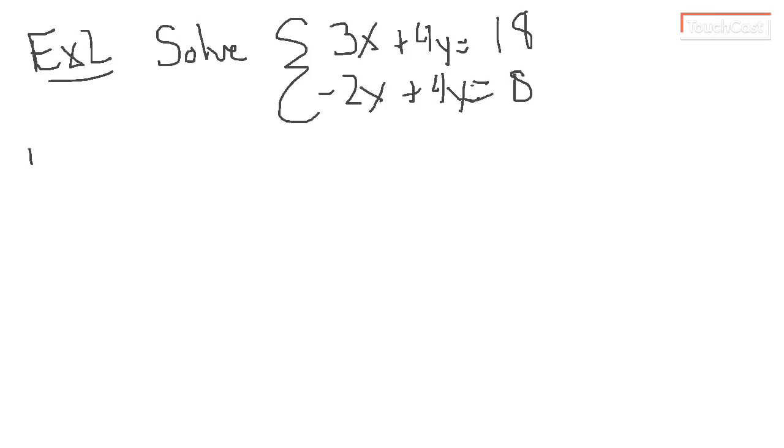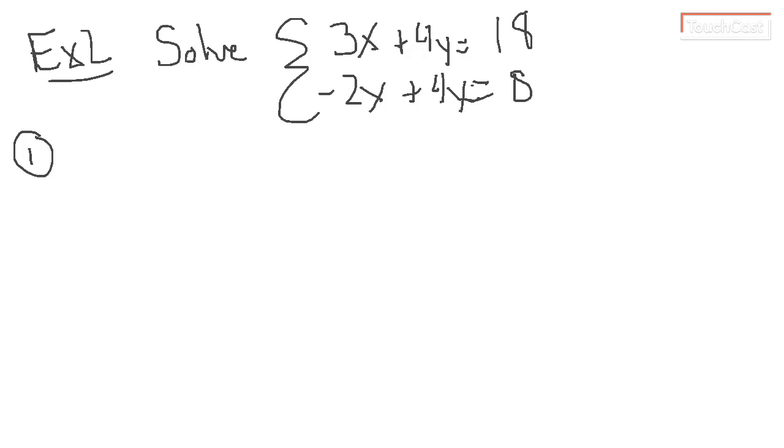So I did not mention this earlier. Part of why we use this elimination method is if the number in front of one of the variables in both equations is the same, the elimination method is going to be a great way to do it.